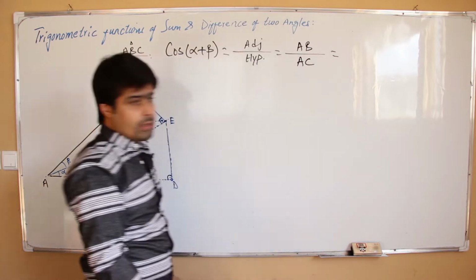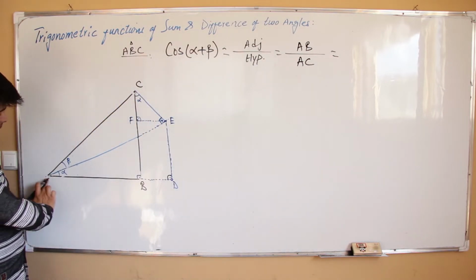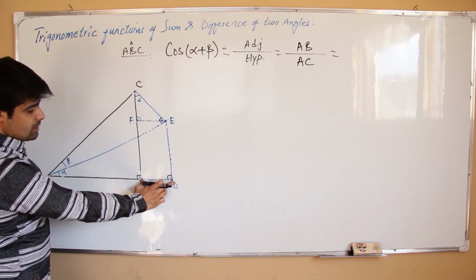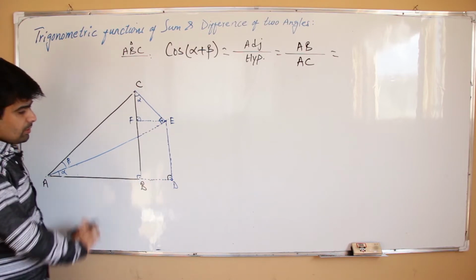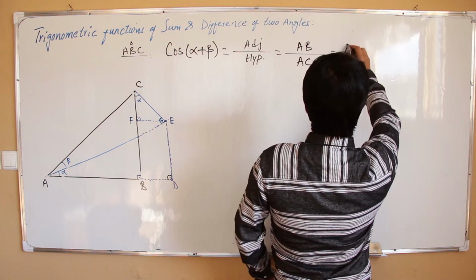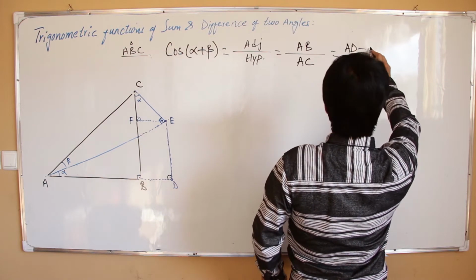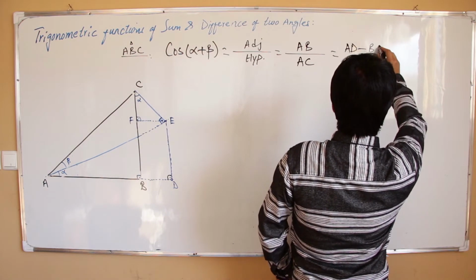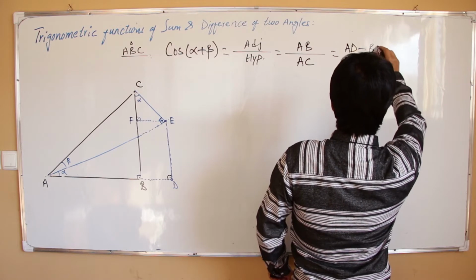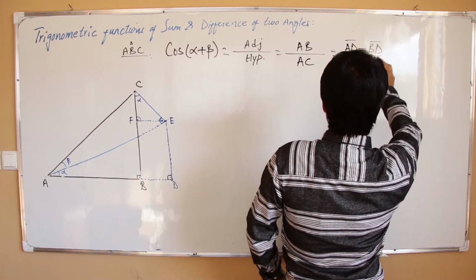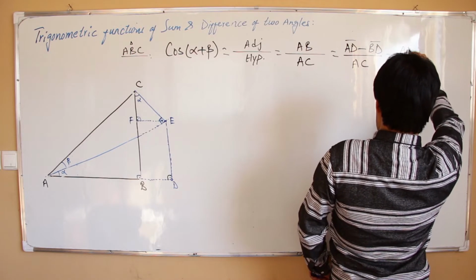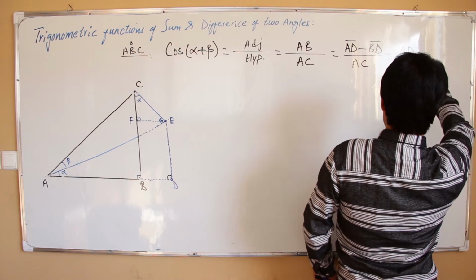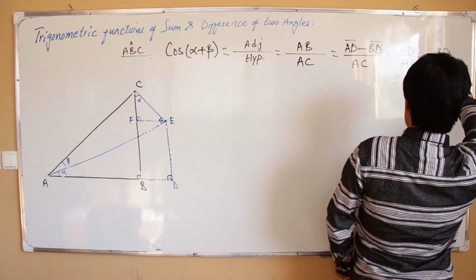Now, can I write instead of AB, AD minus BD? AD, all of this one, minus this one is AB? Yes. AD minus BD by AC. Now, we can write this as AD by AC minus BD by AC.